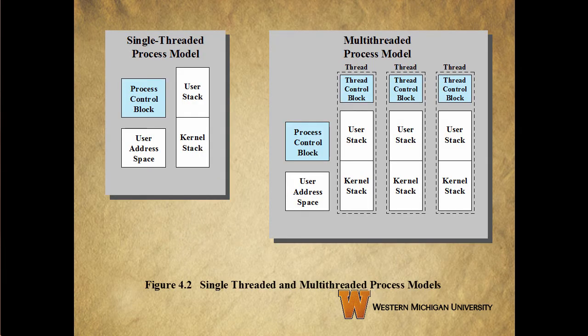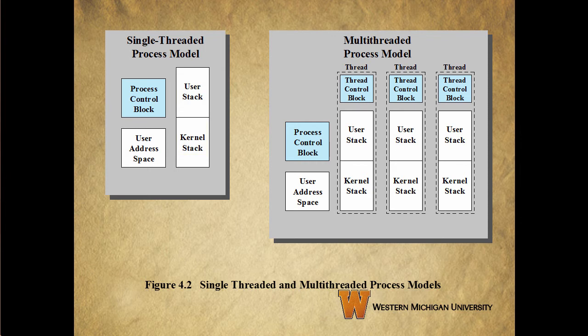This figure shows the distinction between threads and processes from the point of view of process management. In a single-threaded process model, no distinct concept of a thread here, the representation of a process includes its PCB, process control block, and user address space, and it also contains the user and kernel stacks to manage the call and return behavior of the execution of the process.